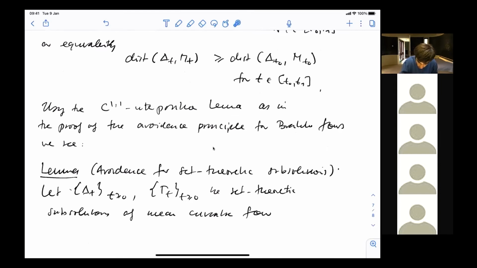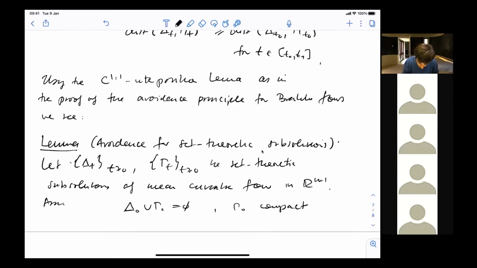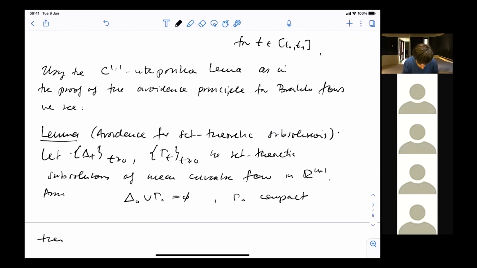More or less anything that moves too fast or faster than mean curvature flow at the boundary, or if you have a full set, then the boundary moves too fast, in R^(n+1). And we assume that they initially are disjoint, and you want to have Γ0 compact, and we only need to use it from the initial condition, then the distance between them is non-decreasing. It's even strictly non-decreasing.